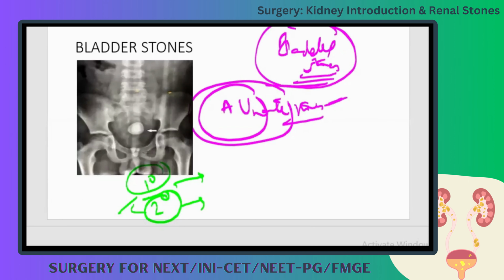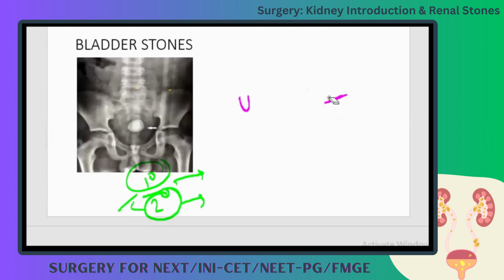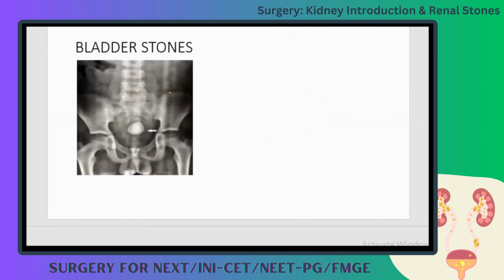So what is the treatment option here? What is the treatment option? No medical management for bladder stone. Any bladder stone, only option is surgery, no medical management. Cystolithotripsy.